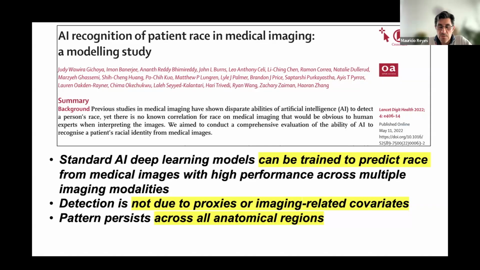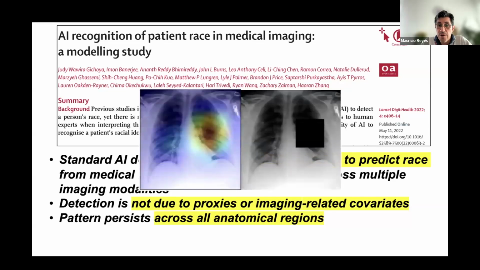Here the researchers used explainable AI, again saliency maps, where this heat map shows pixels that are important for that task. Then, as you see on the right, those pixels would be ablated, blacked out, and you would see how the accuracy would plummet. This is kind of worrisome.